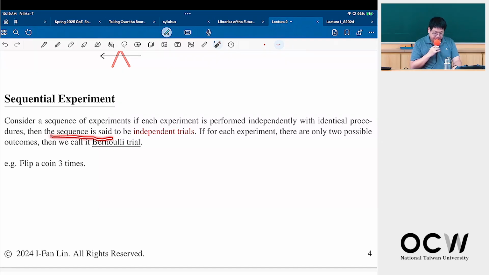Then the sequence is said to be independent trials. So for each experiment, there are only 2 possible outcomes. So if I roll the die, no, because I have 6 outcomes. So if I only have 2 possible outcomes, then we call it Bernoulli trial.